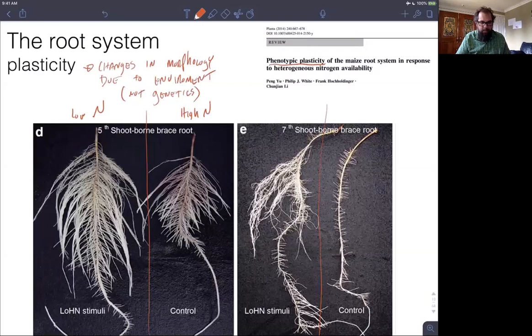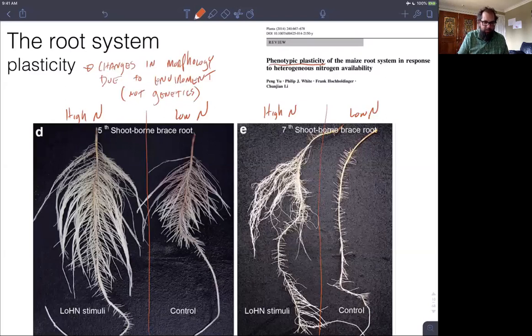And what we see, sorry, I've got that flip-flopped. Let me switch those around. These are grown in high nitrogen, so a fertilized environment, and low nitrogen environment. As I was just saying, roots are going to grow into areas where those resources are abundant, and die back and not grow in areas where those resources are used up or lacking.